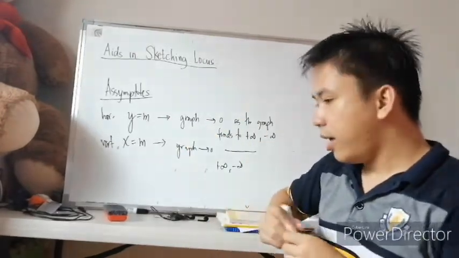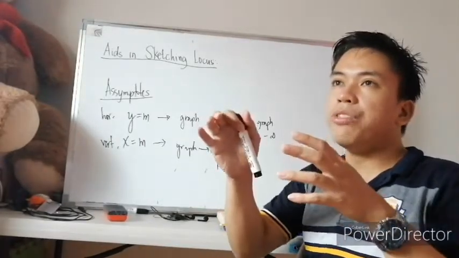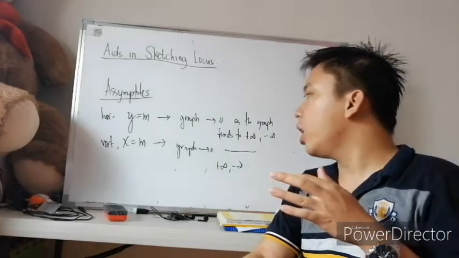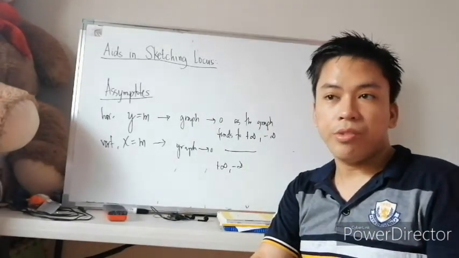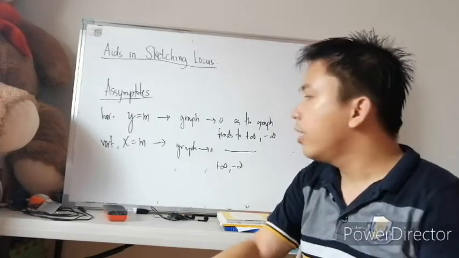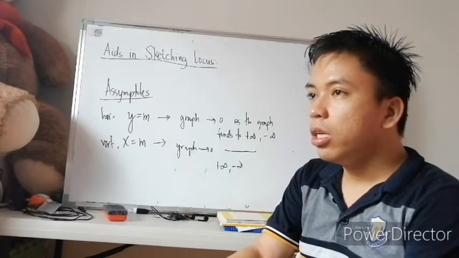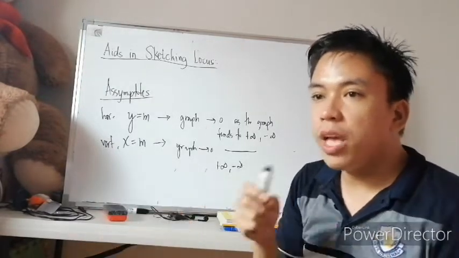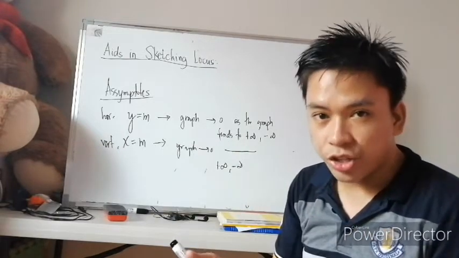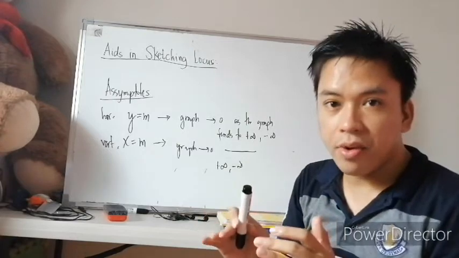Okay, how do we do that? The technique in solving for the equation of the line at which the graph is horizontal or vertical asymptotic is by solving x in terms of the other variable or y in terms of the other. Then we have to evaluate the resulting expression and check when the denominator gets 0.